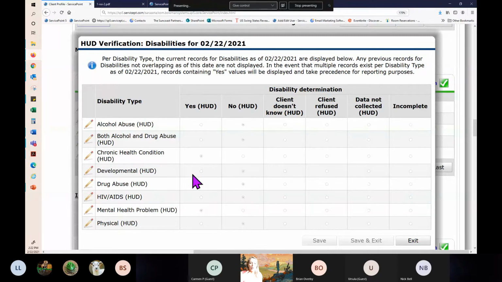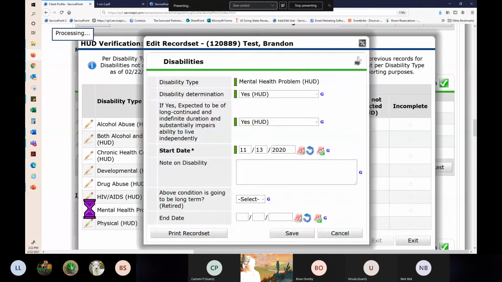So for some of you who have just recently learned the system, when we need to end a mental health disorder or any of these sub-assessments, we want to make sure that we end this record set, right? So we're going to click on the pencil and we add an end date for this record set because we want to make sure that this data still exists in our system for this time period.